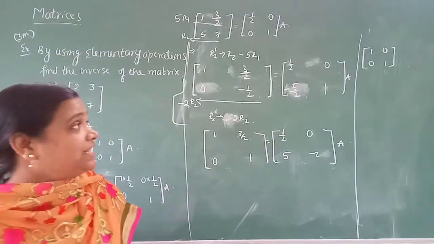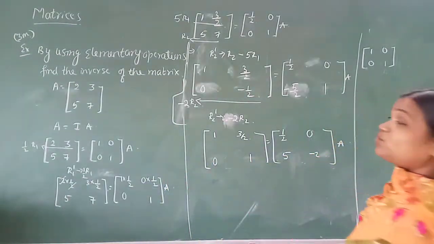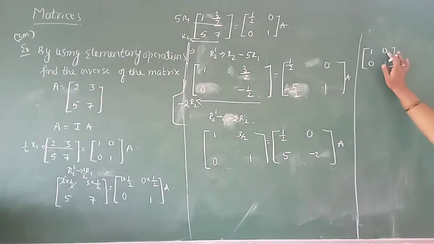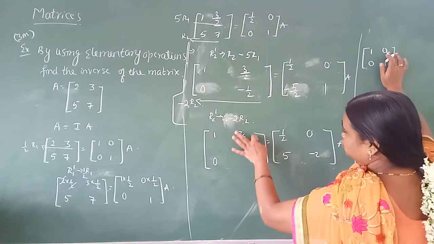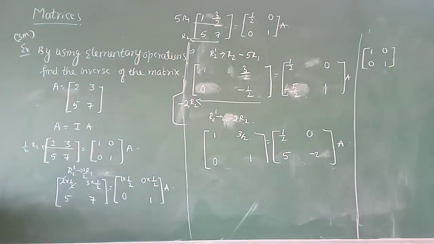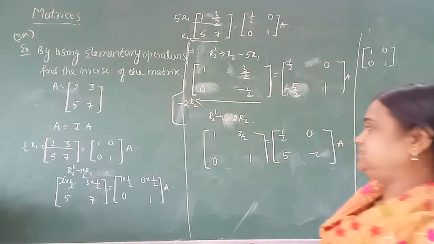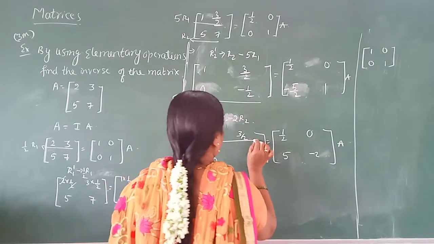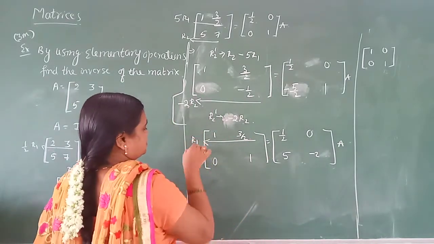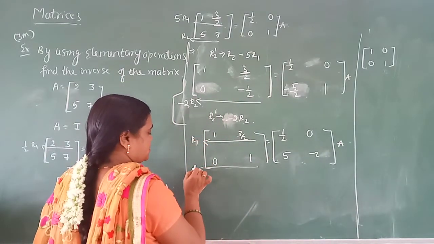Okay, and the next step. See, the next step is what we want to convert. This element should be 0. For that, see, this is R1 and this is R2.